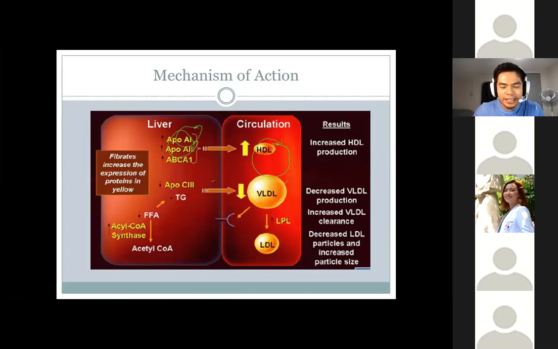Ang nicotinic acid, decrease clearance. Iniiwasan ang pagkasira. Pero ang mga fibrates, pinaparami ang production. Yun yung difference nila. Okay? And then, decrease ApoC3, decrease VLDL, and then, LDL, bababa din. O, yun na yun. Okay?